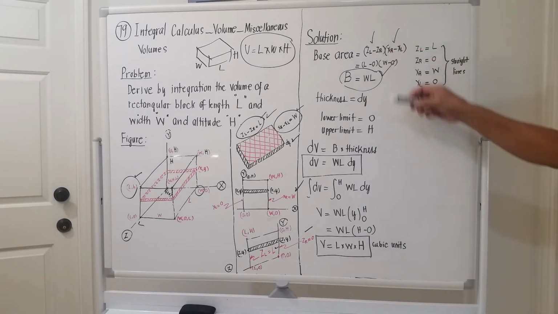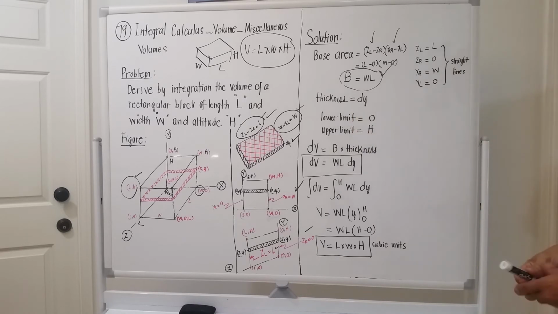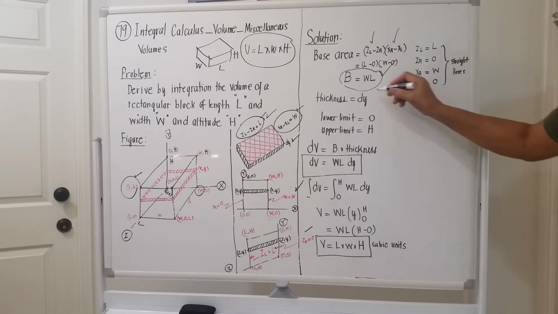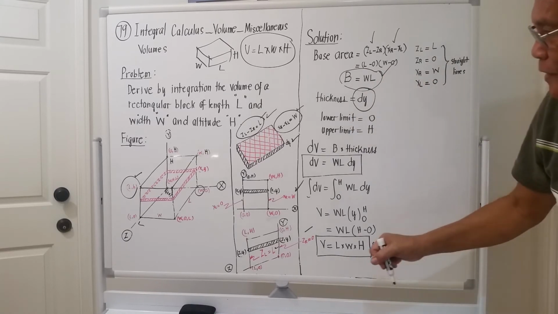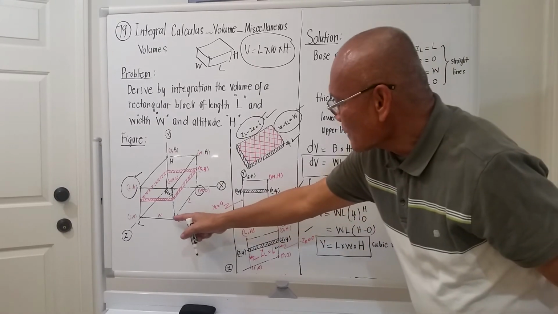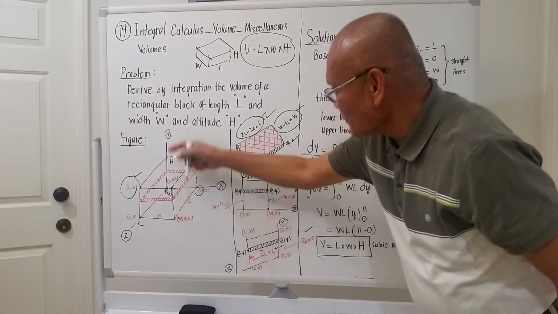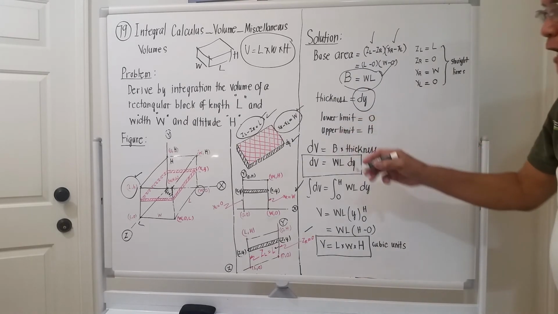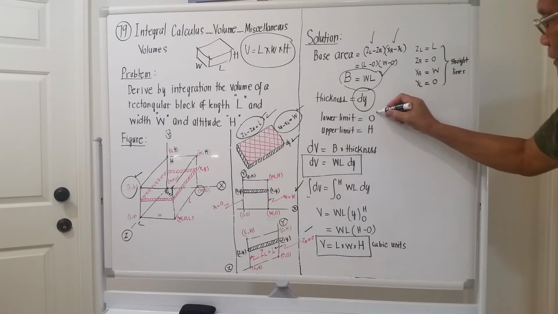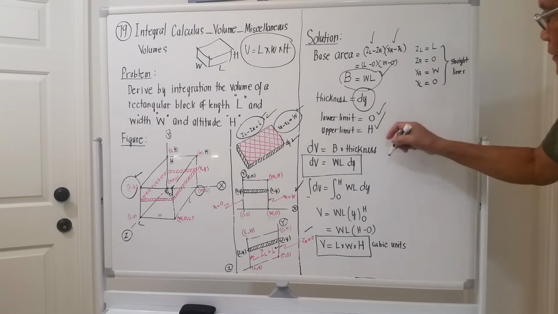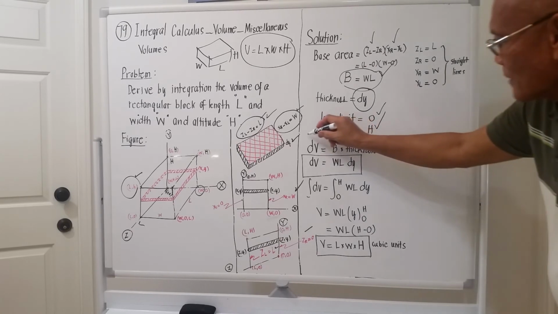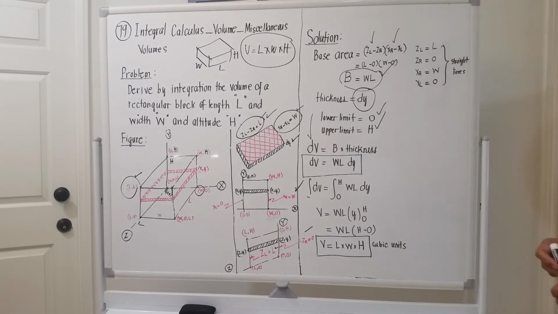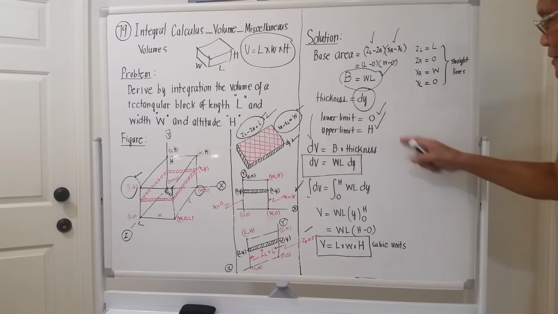I will place the lower limit. Lower limit will be 0. Upper limit is H, because we are integrating with respect to y. This y here moves from 0 to H to cover up the total volume. So our lower limit is 0 and upper limit is H. Therefore, the differential volume will be equal to base area times thickness.